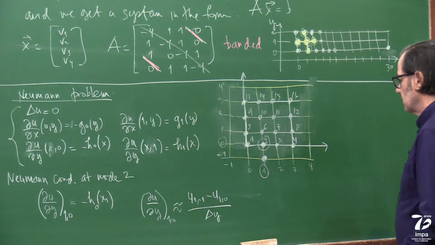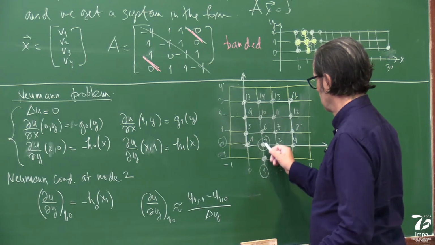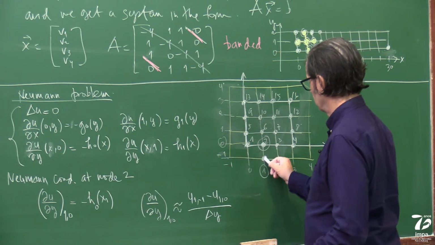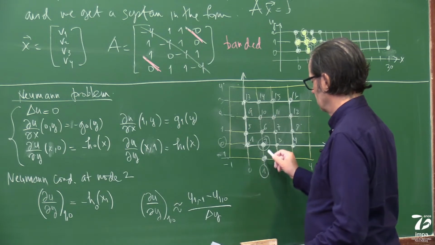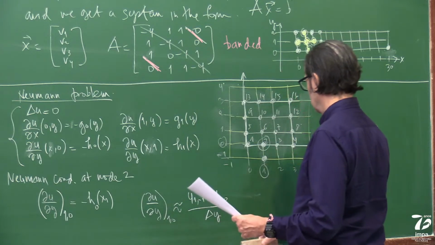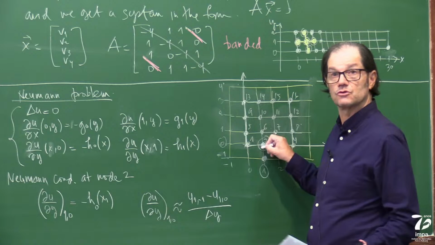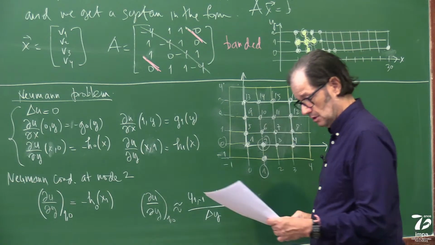Okay, so I'm going to approximate this by 1 minus 1, which is this guy, minus 1, 0, which is this guy here at the boundary, which I don't know the value of, neither of these two guys. Okay?